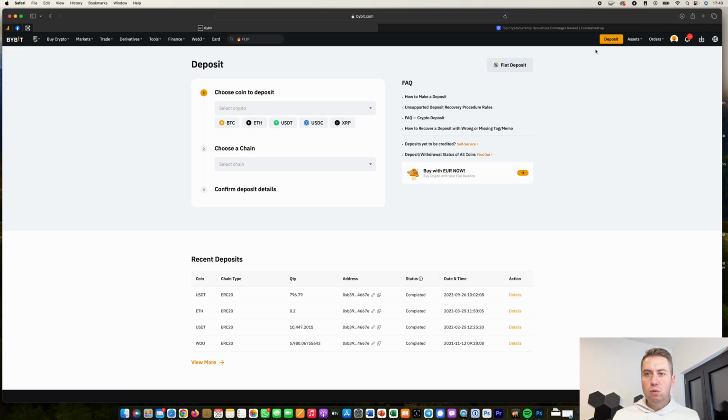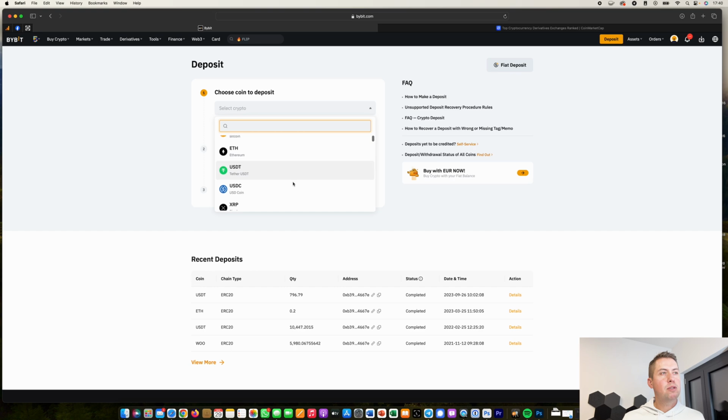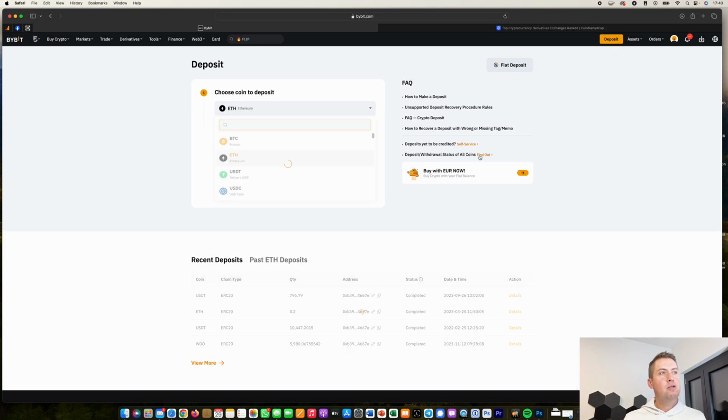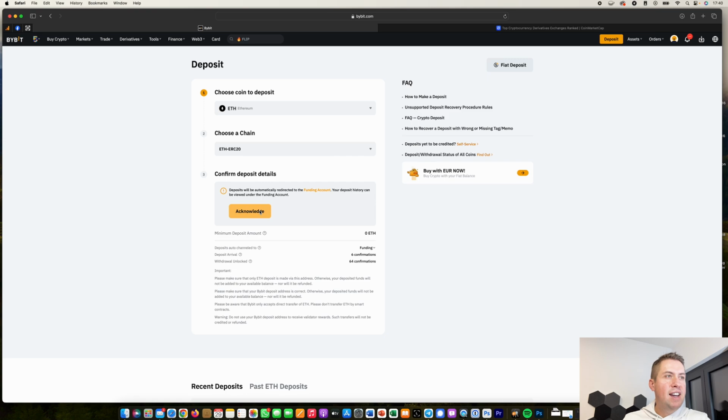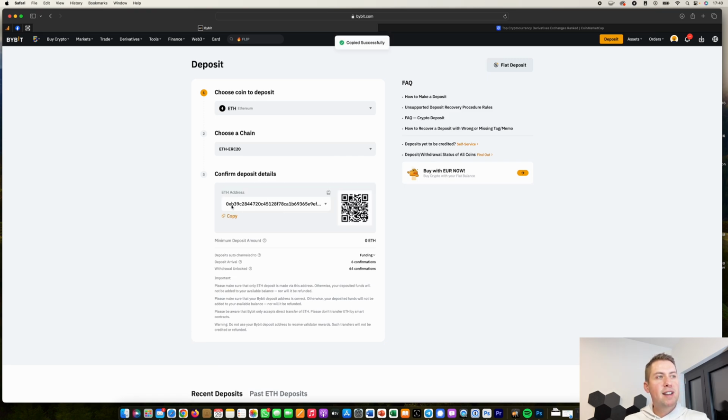If you want to transfer cryptocurrencies, you just click on deposit here, and then you select your cryptocurrency. Let's say you want to transfer Ethereum. Then you select the chain. It's usually the Ethereum ERC20 chain, and then you acknowledge that, copy the address, and send the money to that address.